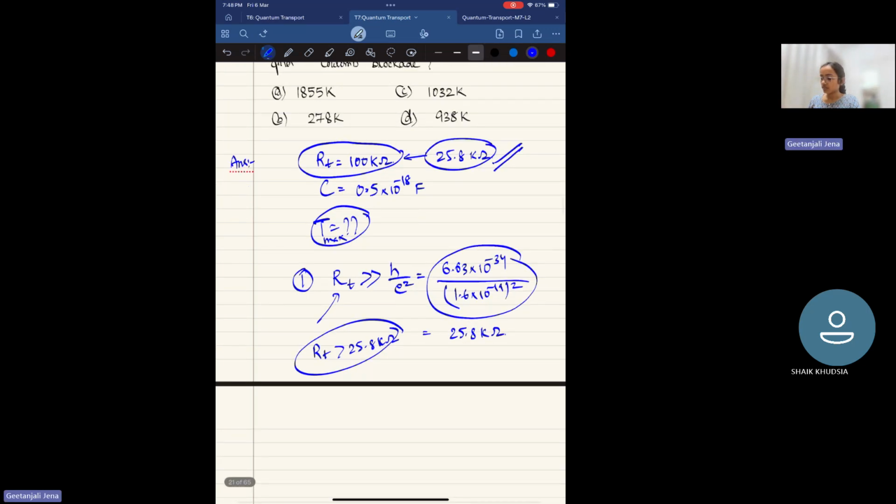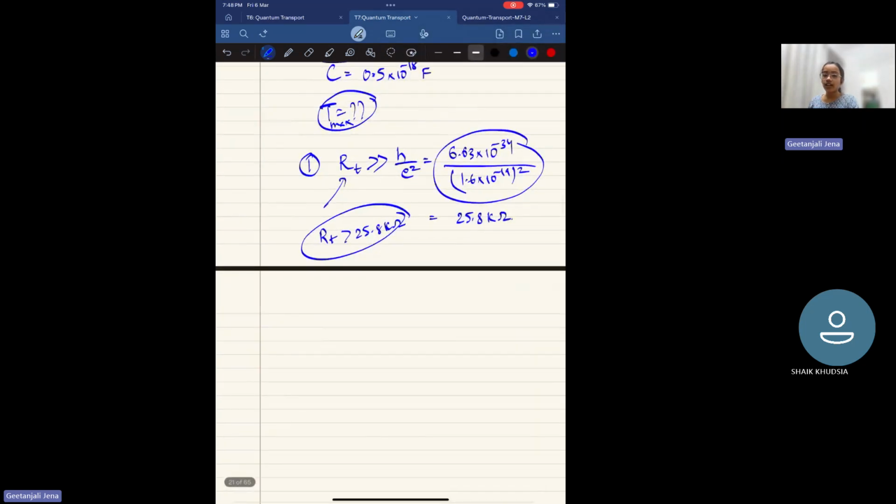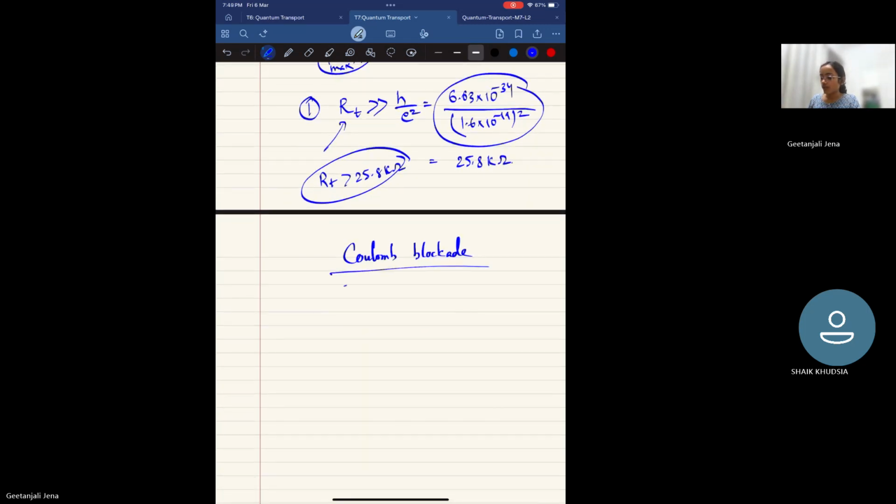Okay, to solve it, you can recall one of the conditions of the Coulomb blockade effect. In total, there are two conditions to see the Coulomb blockade effect. One condition is that the charging energy EC should be much greater than the thermal energy. By this condition, we mean that the thermal energy is much less, so that whatever transport is happening is because of this charging energy.